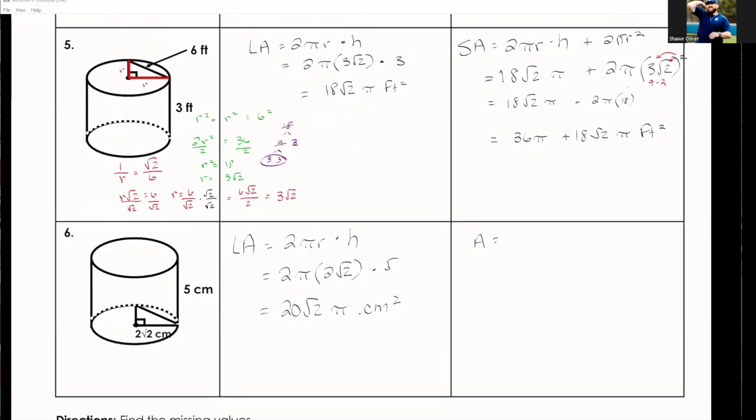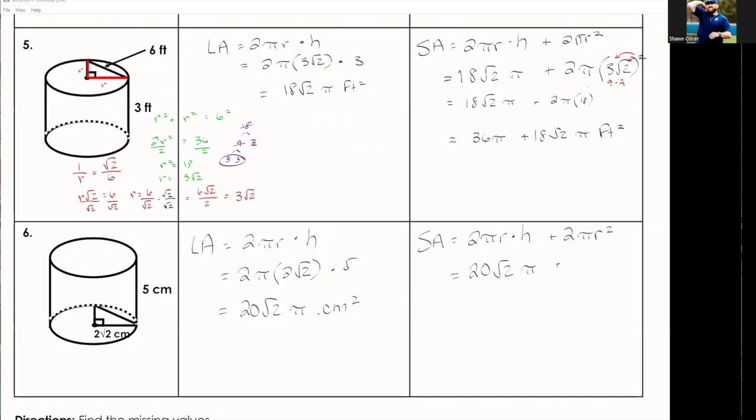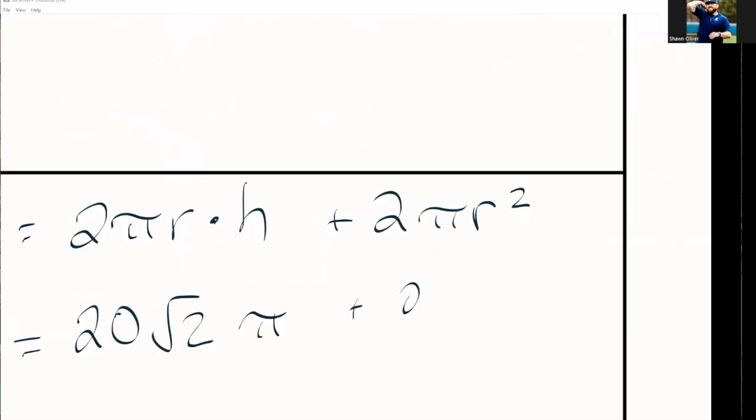Surface area is that lateral area plus 2 times our base area. 20 root 2 pi plus 2 root 2 squared. Again, you can put that right in your calculator as 2 root 2 squared. Just don't forget to use parentheses.